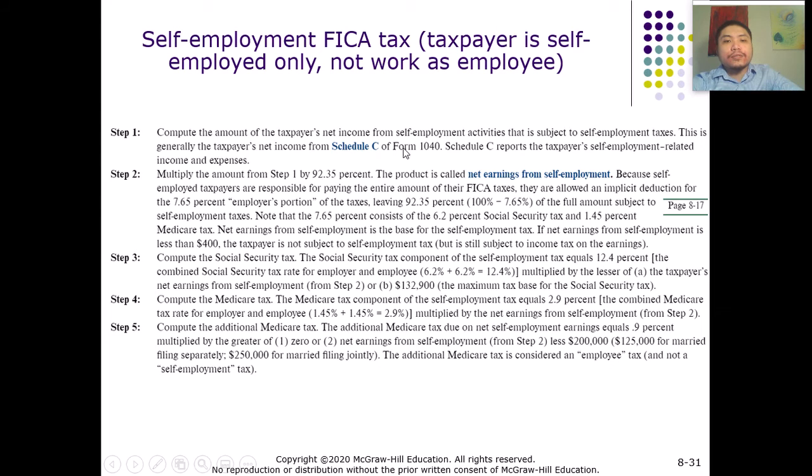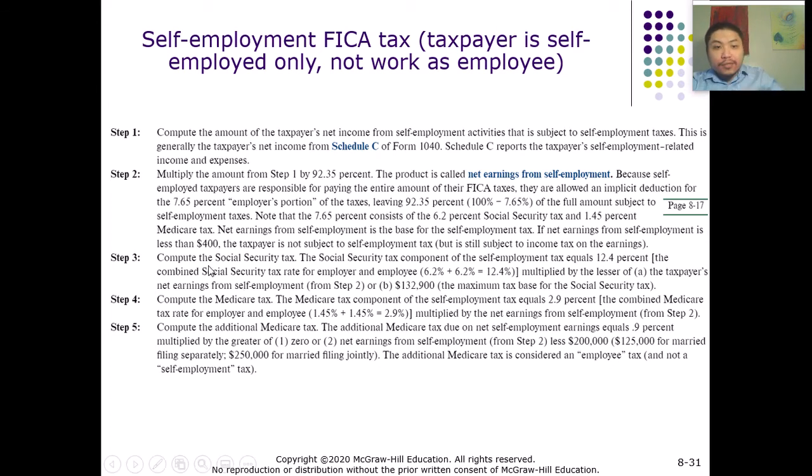Step 2 is to multiply that amount by 92.35%, which we just talked about. This gives the net earnings from self-employment, the new base that we're going to use to calculate the FICA taxes for self-employed taxpayers. So that's step 2.